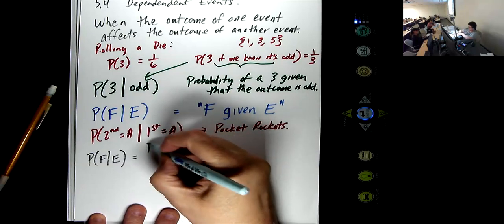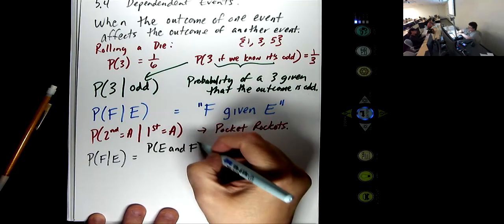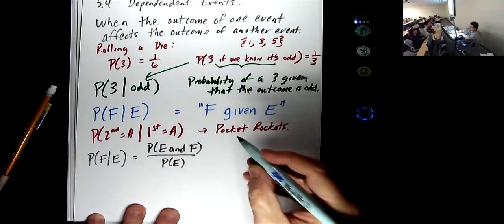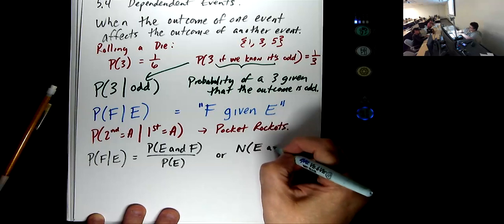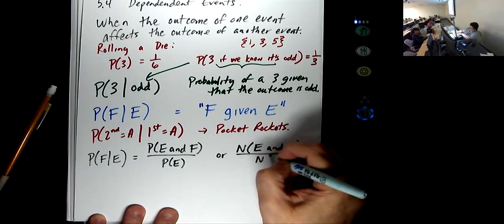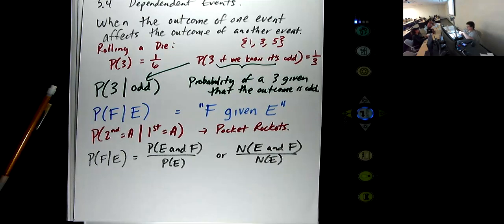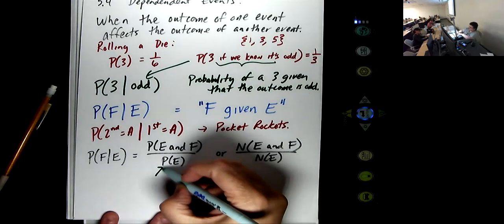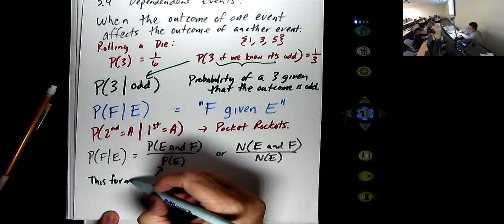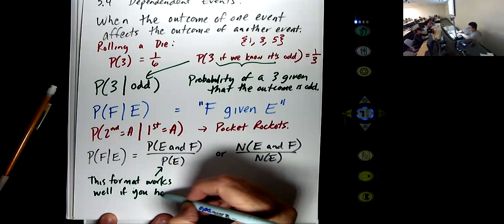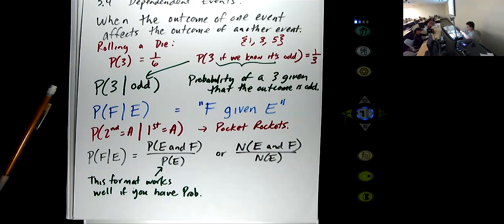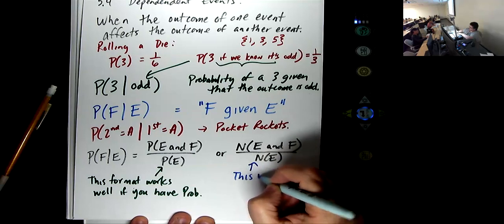One is the probability of E and F divided by the probability of E. Or, as we did with probabilities in general, the number of outcomes in E and F divided by the number of outcomes in E. This format works well if you have probabilities. This works better when you have a table of results.